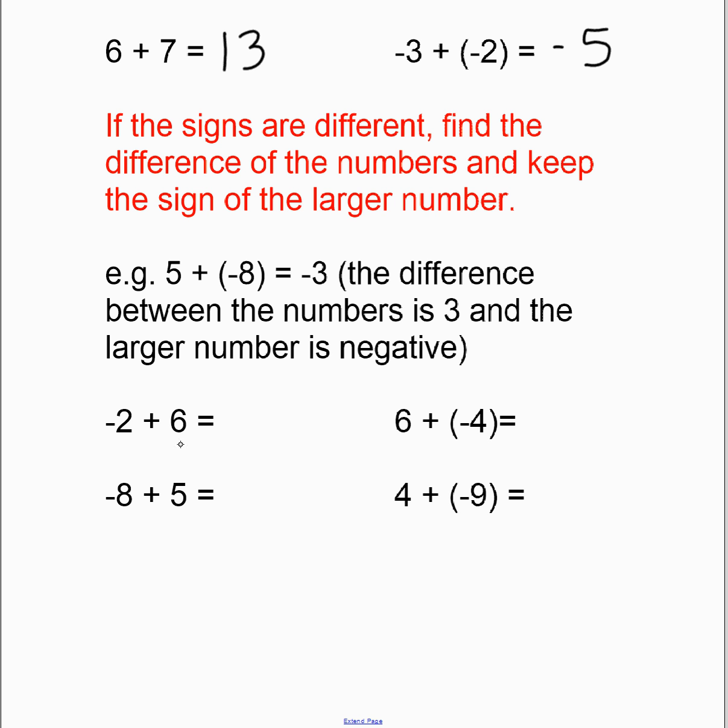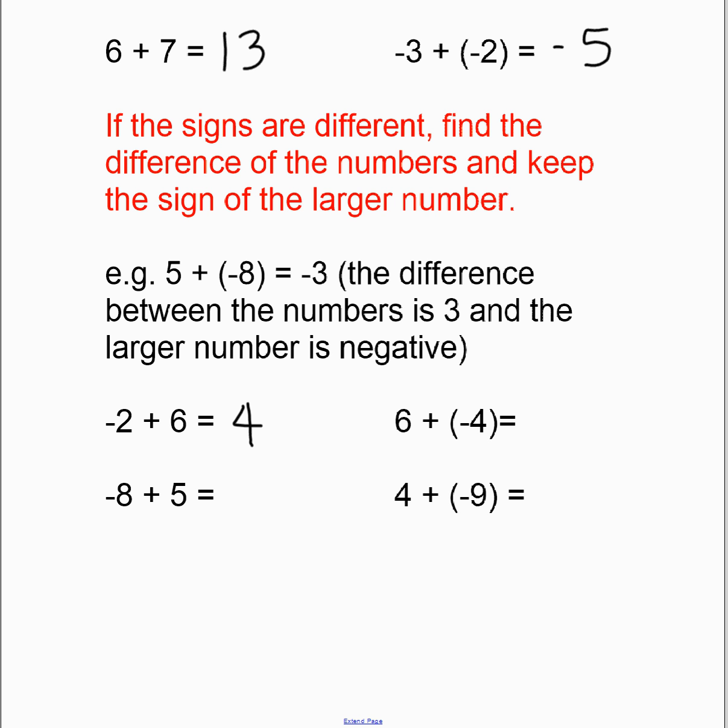So for example, in this one, -2 plus 6. The difference between 2 and 6 is 4, and 6 is the bigger number, that's positive, so we're going to get +4. Again, if this is confusing to you, think about it in terms of the number line. Think about what you did with that Gizmos investigation. If you're sitting at -2 and you're adding 6, think about what direction your arrow goes.